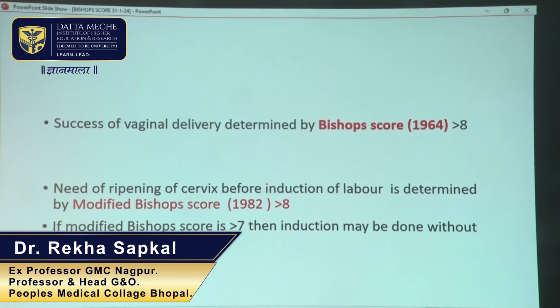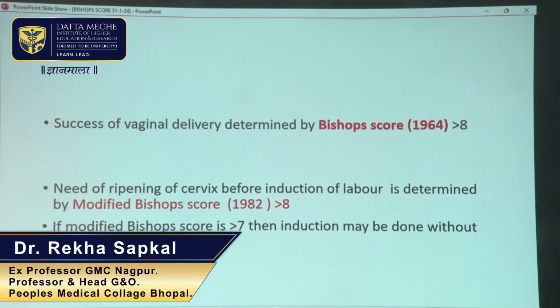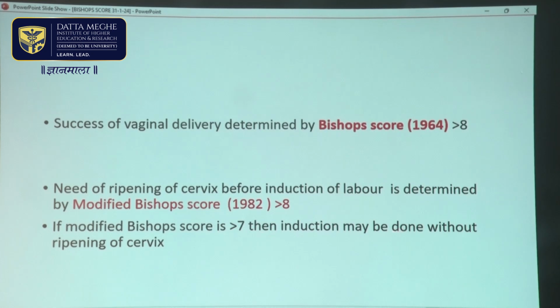Need for ripening of the cervix before induction of labor is determined by the modified Bishop score. If it is 8 or more than 8, it is okay. There is no need of ripening of the cervix. Sorry, if it is more than 7, then induction may be done without ripening of the cervix. If it is less than 7, then ripening is required.